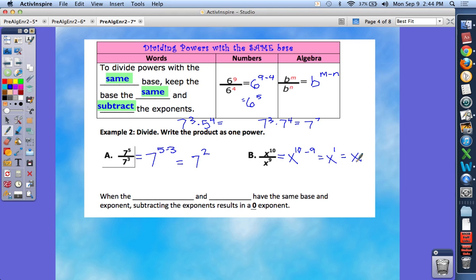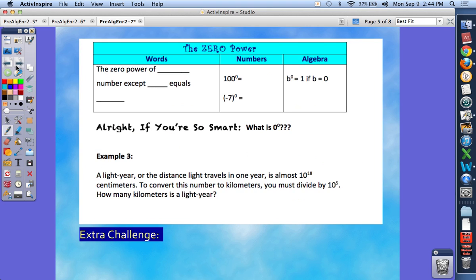So think about it. When the numerator and the denominator have the same base and exponent, if you subtract the exponents, you're going to get 0. We need to know then how to evaluate 0 in the exponent. What is 0 in the exponent? Well, let's talk about this. 0 power of any number except 0 equals what?